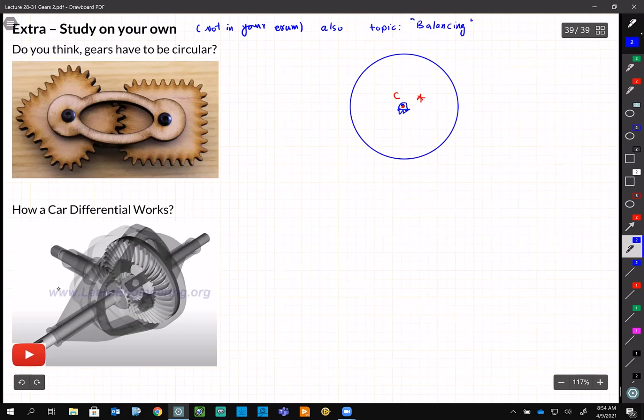So we know when these things are rotating, with the knowledge that you have now, they are going to create a centrifugal force, right? m r omega square. To balance that, we will put an extra mass here, m prime, to cancel that out.